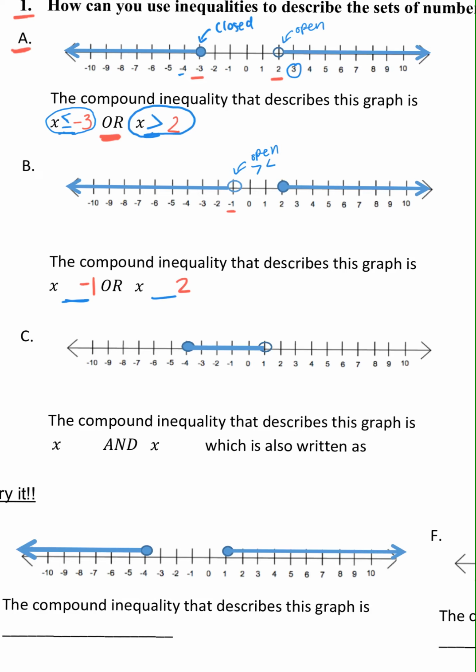And I know that -1 is bigger because everything to the left is smaller. So that means it's going to be less than. And on the other side, I see the number 2, and all these numbers are greater than number 2. I also see a closed dot, and since it's closed, it's either less than or equal to or greater than or equal to. So I see that x has to be all the numbers bigger than or equal to 2. And that's my compound inequality.